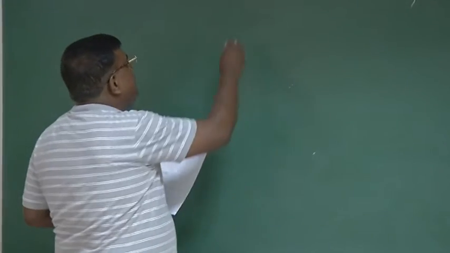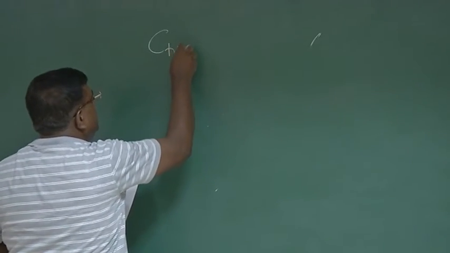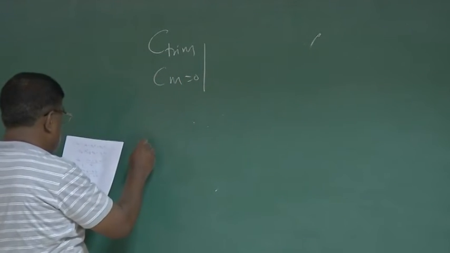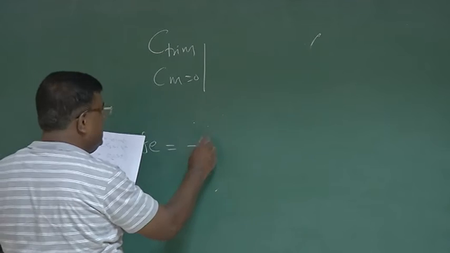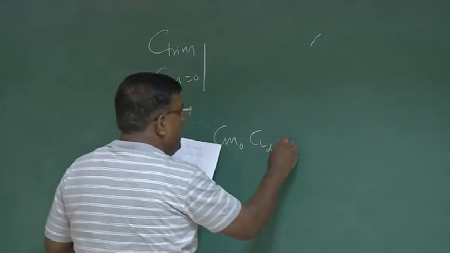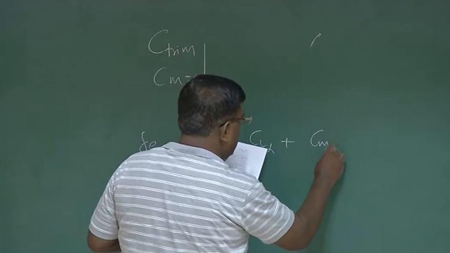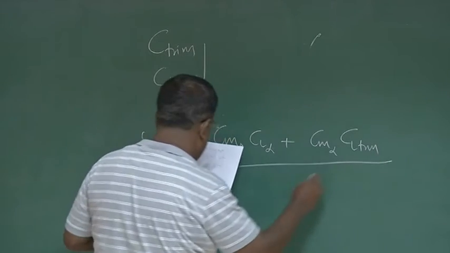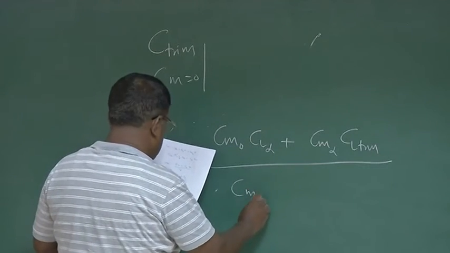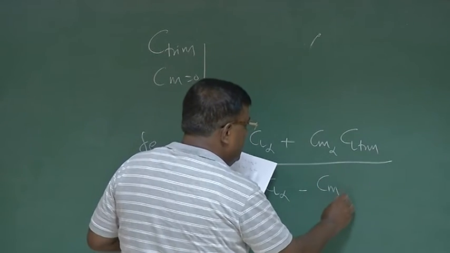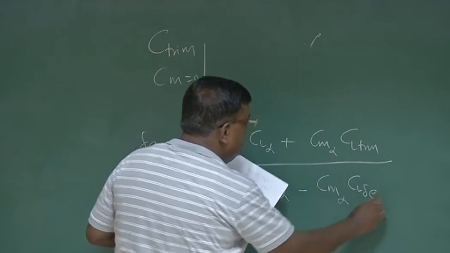So using this CL trim equation and Cm equal to 0, I can write delta E equal to minus Cm naught CL alpha plus Cm alpha CL trim, divided by Cm delta E CL alpha minus Cm alpha CL delta E.